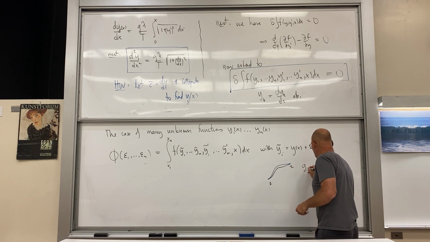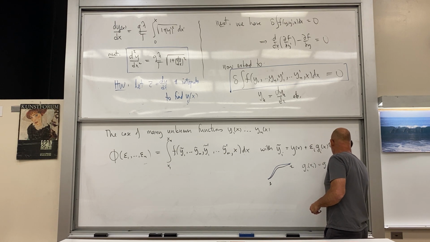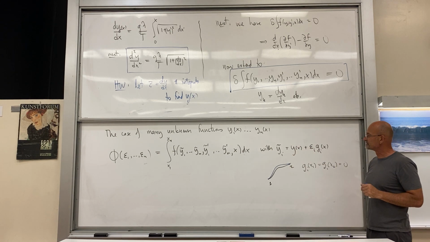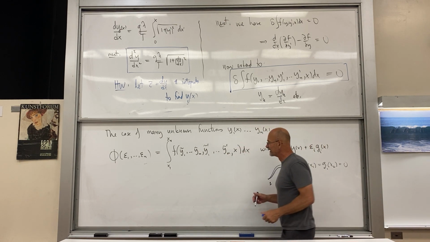G sub I of x1, G sub I of x2 is equal to 0. I'm literally writing down what we had before, with more of these variables in here.